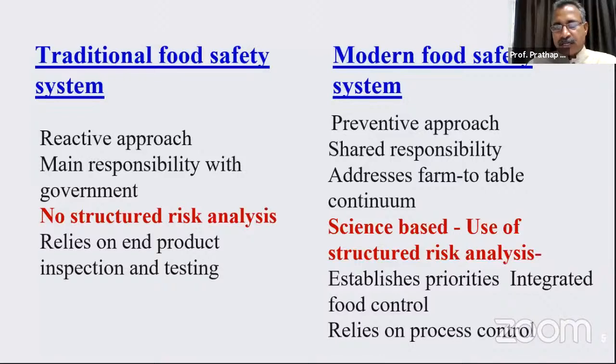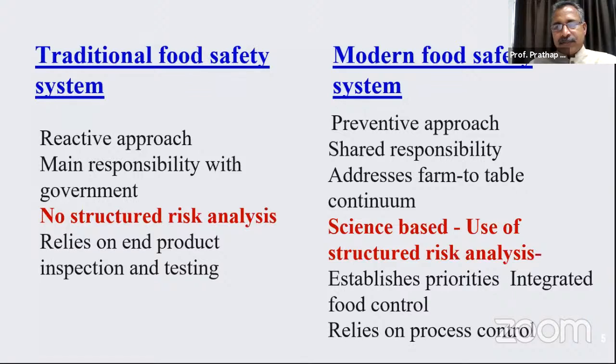That means starting from production all the way to consumption, every step is regulated. Every point is considered a control point. It is not just the person who processes the food, but everybody in the chain, starting from the person who is storing the product, who is transporting the product, who is keeping it on the shelf, who is giving it to you, everybody has to be covered under the Food Safety Act.